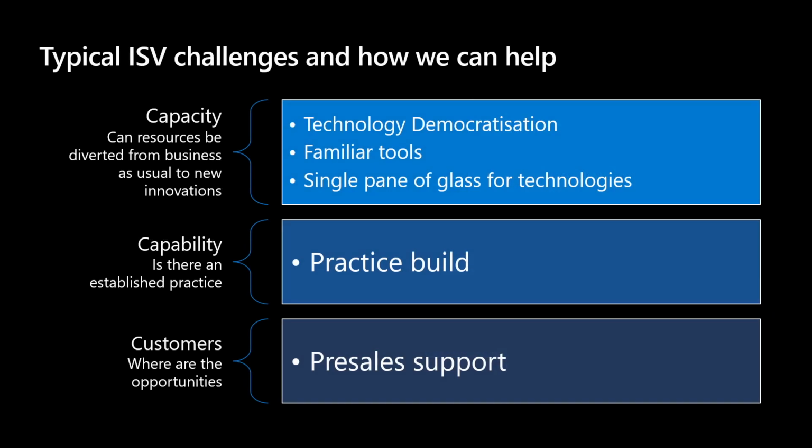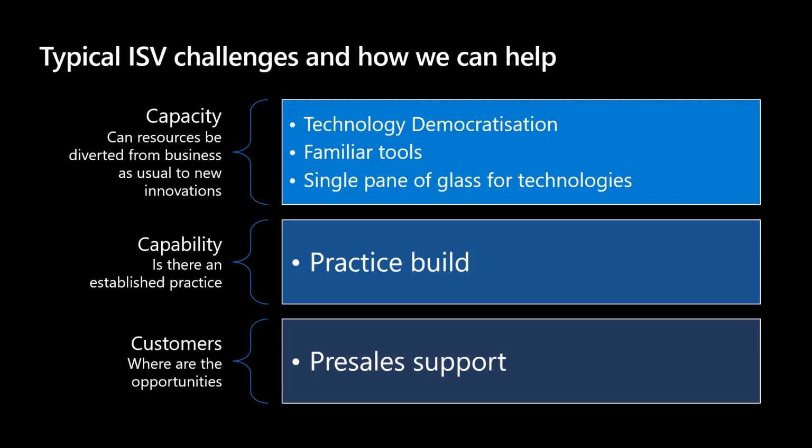So I thought I'd put this slide in here because these are the kind of challenges we typically see with ISVs, the problems, and these might be really familiar to you. Hopefully they are familiar to you. And this is where we as Microsoft can help, and partners can help you as well.